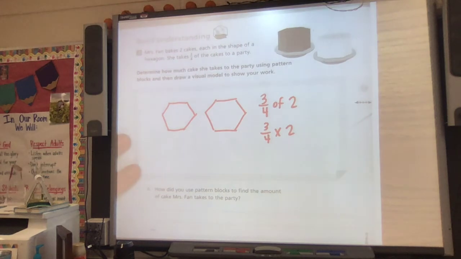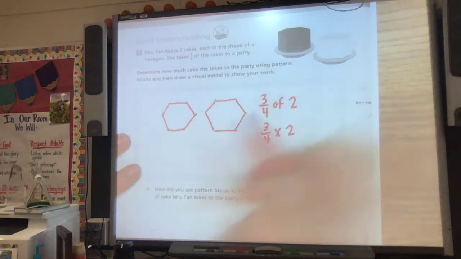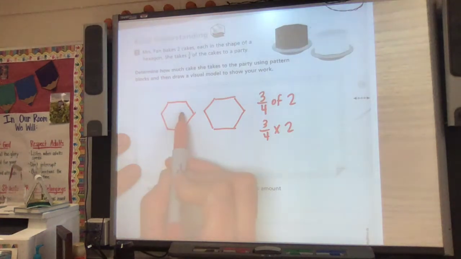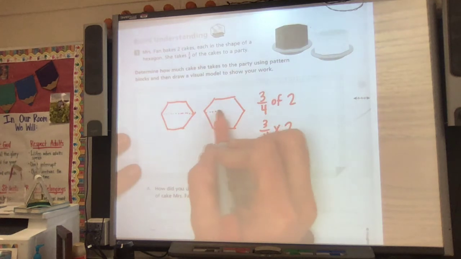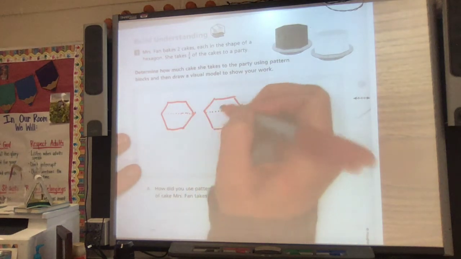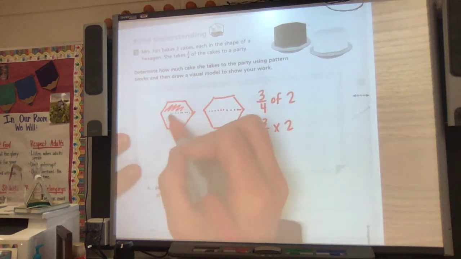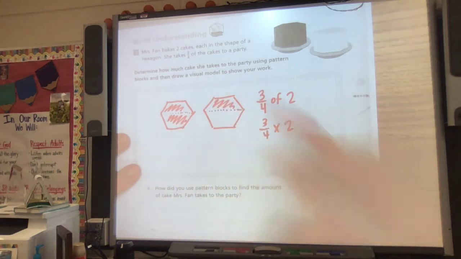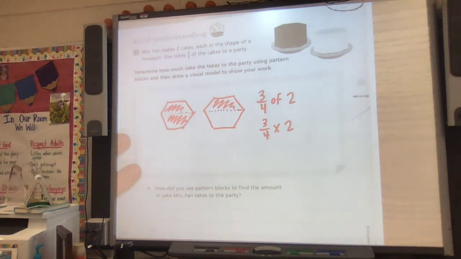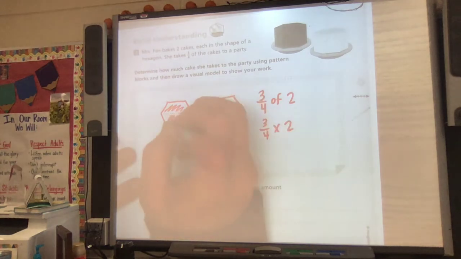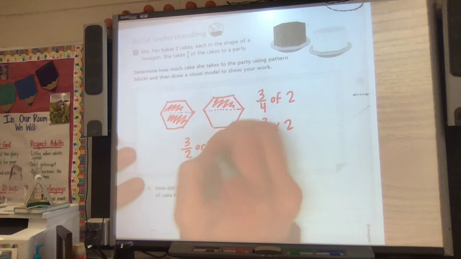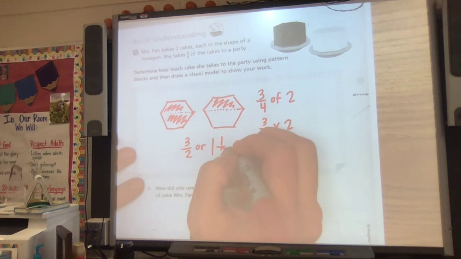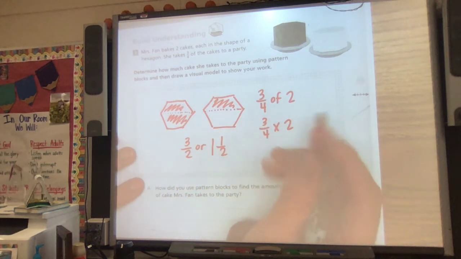If we had our pattern blocks, you could take your pattern blocks, and now we have 4 parts. If we have 3 of those 4 parts, then we know that she took 1, 2, 3 halves, or 1.5 cakes to the party.